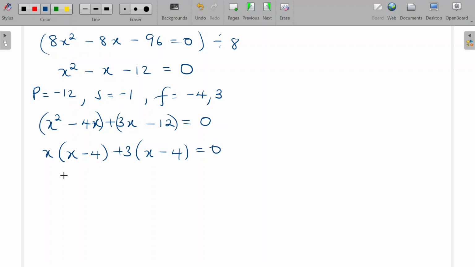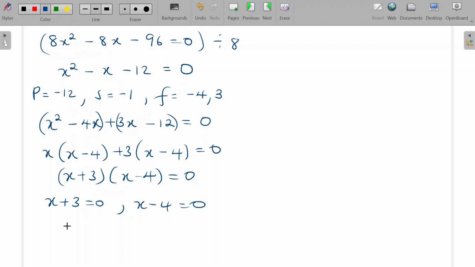Then you get what is outside, x plus 3, and what is inside, which is x minus 4, and you equate it to 0. Hence, x plus 3 is equals to 0, and x minus 4 is equals to 0. Then your x is equals to negative 3, and your x is equals to positive 4.